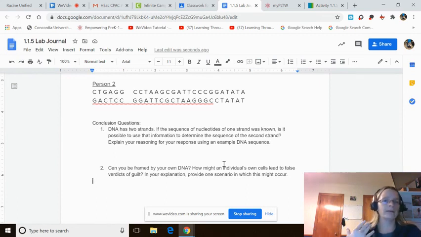Maybe you weren't wearing a mask and you sneezed, so some of your DNA will be found there. Now, if a crime occurs later that same day, the detectives will find your DNA there. Could you be framed by it? Yes, you could. So if you leave cells somewhere and a crime is later committed, your DNA has framed you.